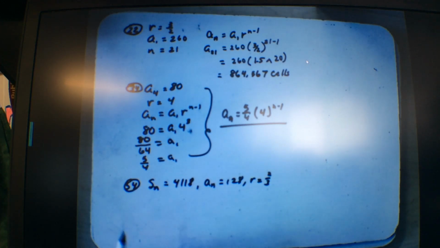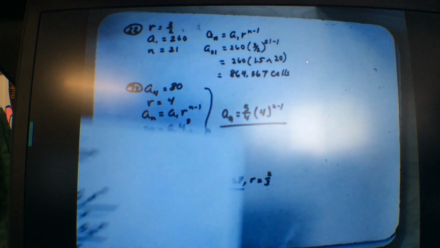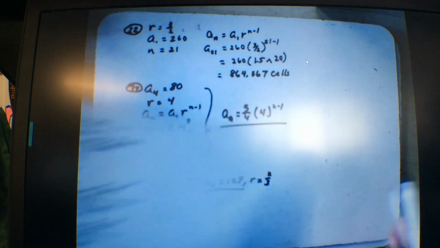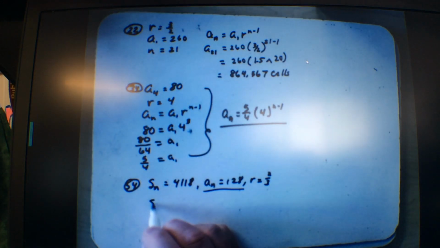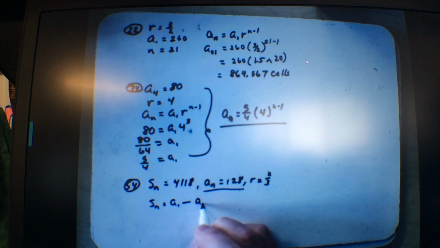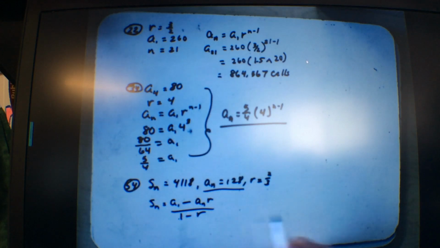Which formula are we going to use? The second basic one. We know a sub n, right? So we're going to use the second formula. The second formula says S of n equals a sub 1 minus a sub n times r all over 1 minus r. You okay with that?